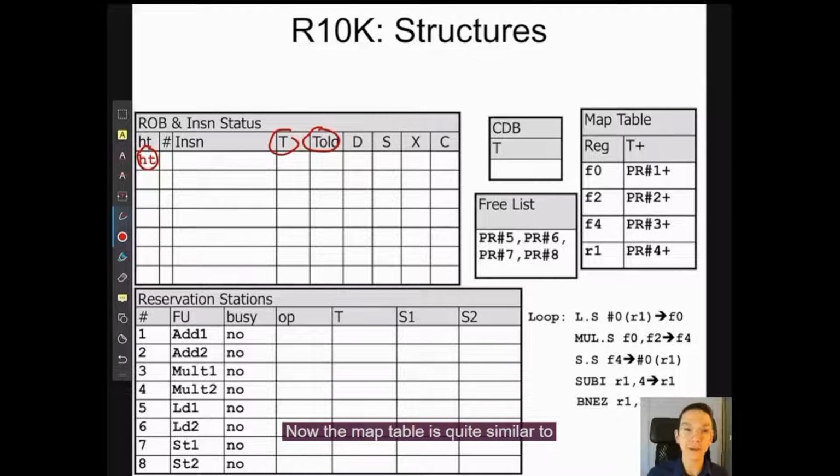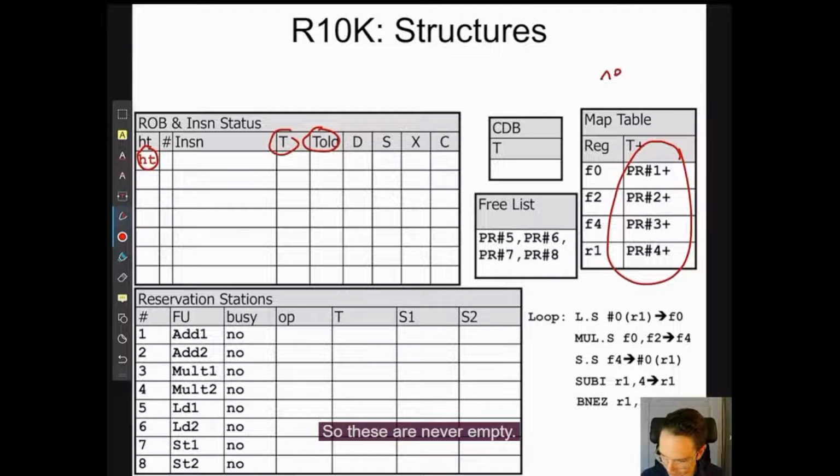Now the map table is quite similar to what we saw in Tomasulo's algorithm with some key differences. First, register tags now point to physical register IDs, and therefore these fields can never be empty. So we start out in an initial state where every register name is mapped to some physical register. So these are never empty.